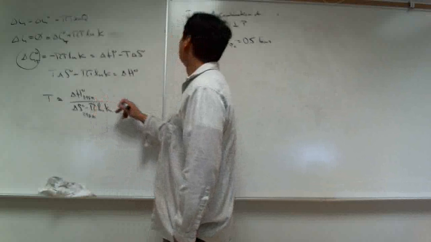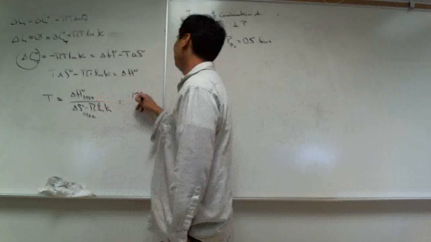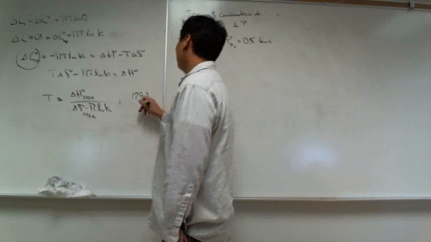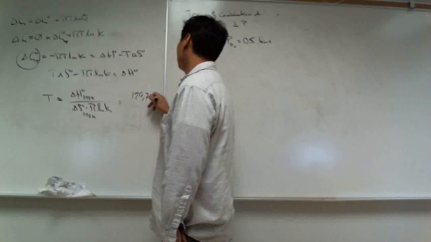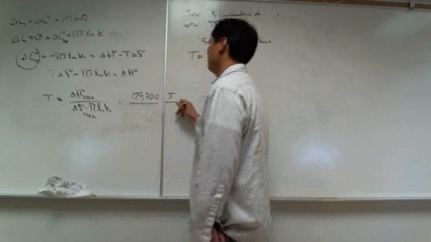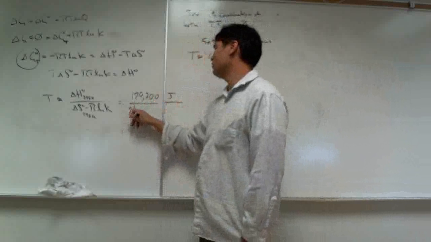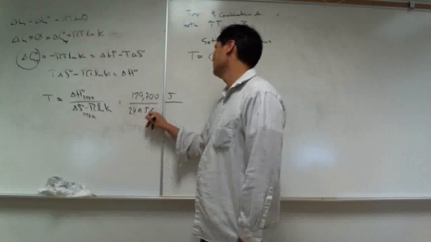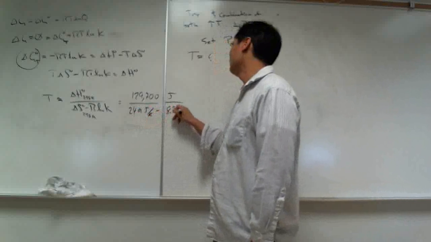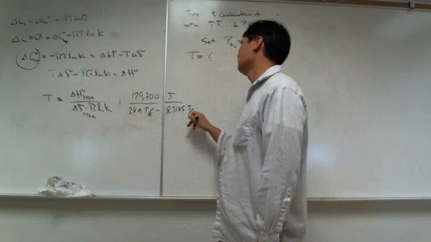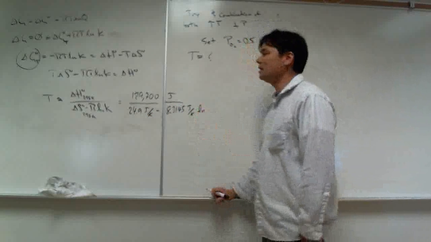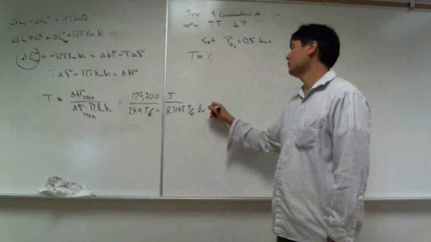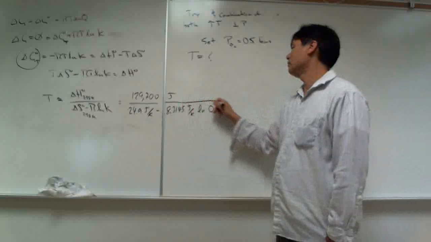All right, so delta H was the 129.7, what was it? Okay, I'm going to convert this into joules, so 129,700 joules. Delta S was 24.9 joules per Kelvin. R, 8.3145 joules per Kelvin. ln of K. K is, what's the partial pressure of O2 we're going to generate with our vacuum? 0.5.